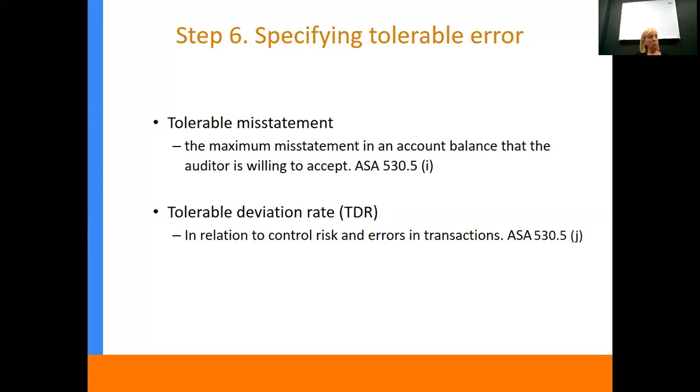So what is my tolerable deviation rate? How many times could I go there and see that it's not operating and still say that control is effective? As an auditor, I've got to come up with that number.